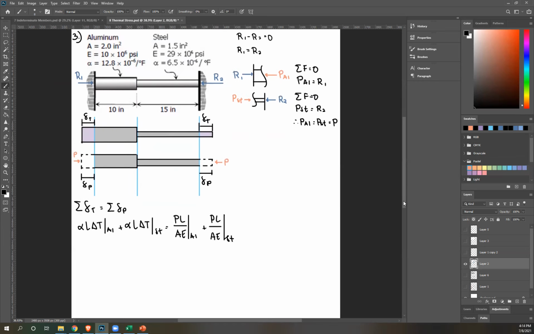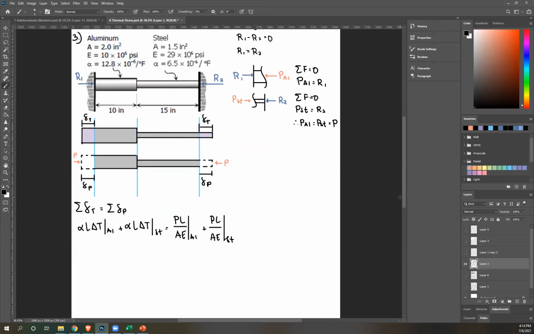Okay. Now we can't remove L because they're all different lengths, right? This is not equal. So we cannot cancel that. So now let's just sub in our values.